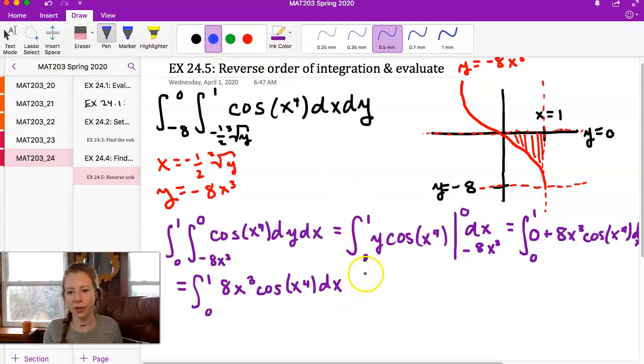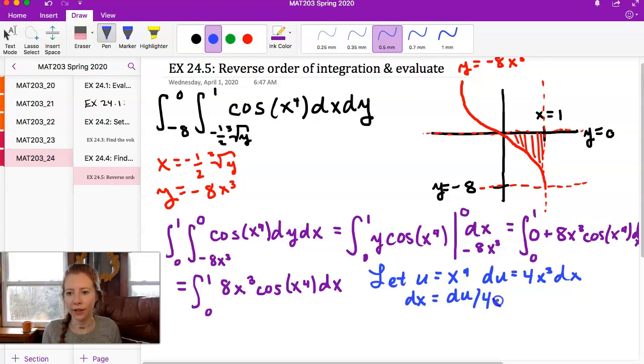And now we're going to do a u substitution. Let u equal x to the fourth, and du then is going to equal 4x cubed dx, which tells us that dx is going to be du over 4x cubed. Now we have the integral of 8x cubed cosine u du over 4x cubed.